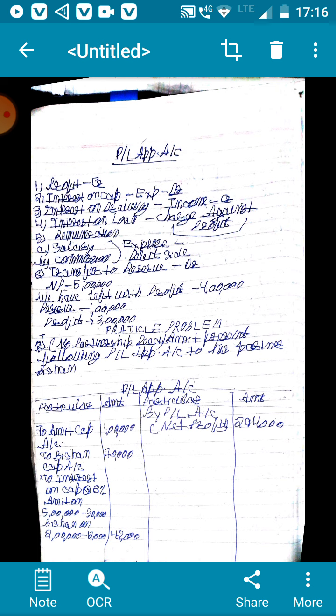Reserve does not come on either side of the profit and loss appropriation account, whether debit or credit, it comes in the partner's capital account. I will explain later. So the net profit is 5 lakh and the reserve is 1 lakh.